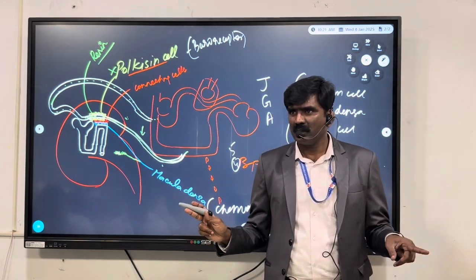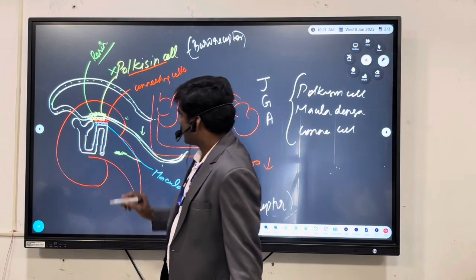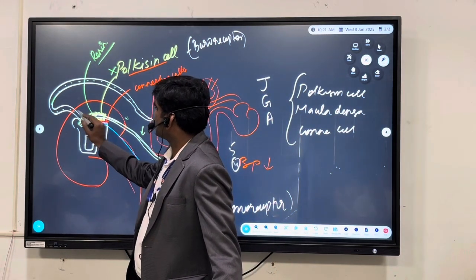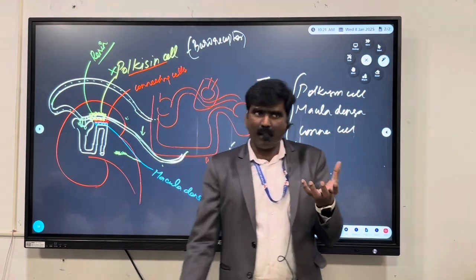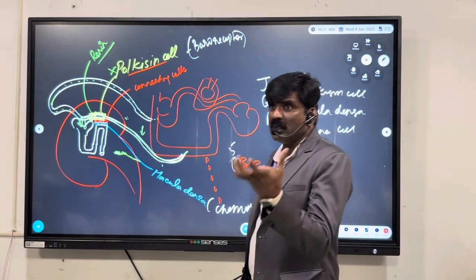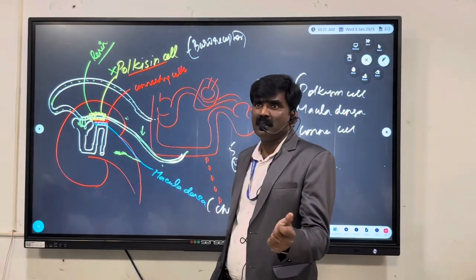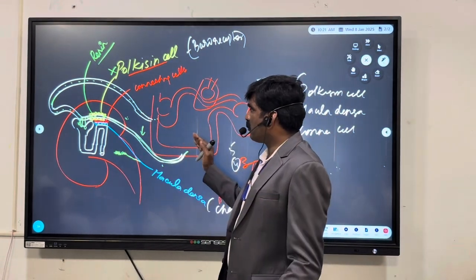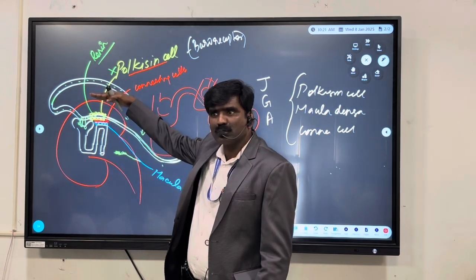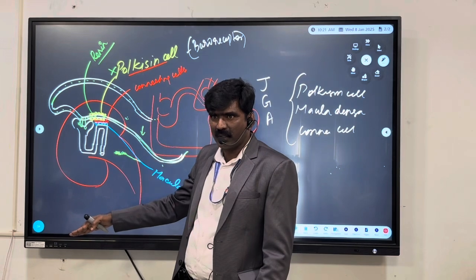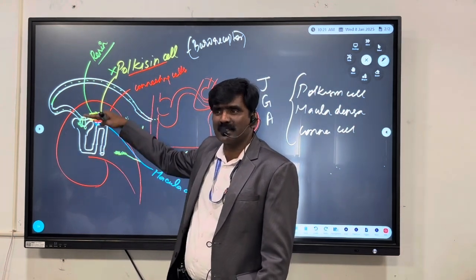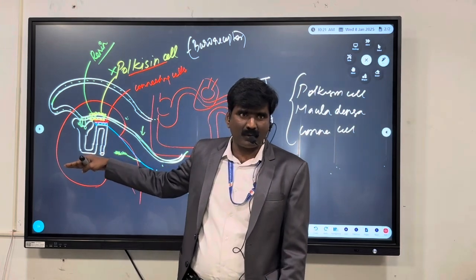Are you clear? Okay. Now, normally what happens? Filtration occurs in the glomerulus, right? Filtration occurs. Listen, sit straight. If the blood flow is less, then filtration will also be less, right? Filtration will be less, or it will be at a slower speed than earlier, right?